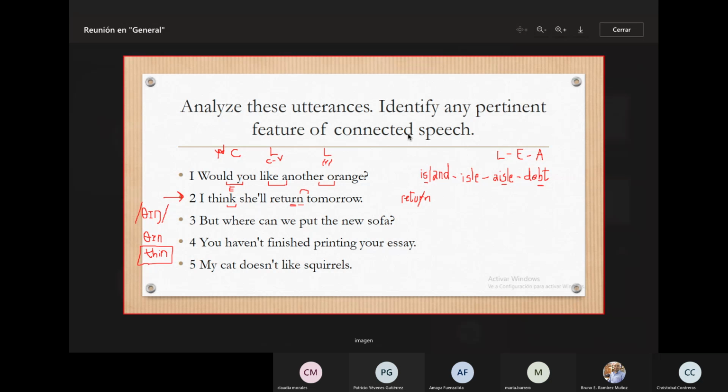How would it sound with a linking? My cat, my cat doesn't like squirrels. My cat. So considering that the last sound is a diphthong, right?